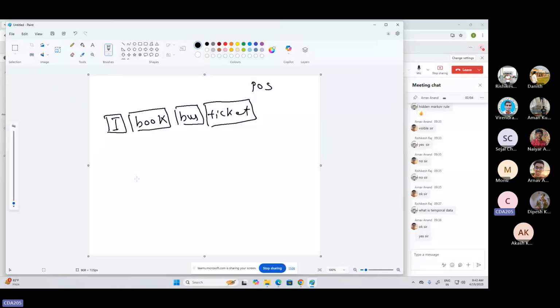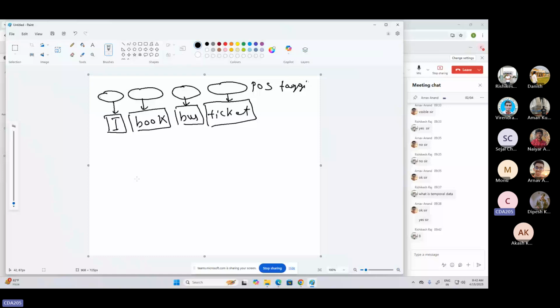So I want the part of speech tagging. From "I", we can find this tagging: which part "book" belongs to, which part "bus" belongs to, and which part "ticket" belongs to. So this is known as the hidden state. From the observed state, we have to find the hidden state. Understood? Everyone, are you clear with this?